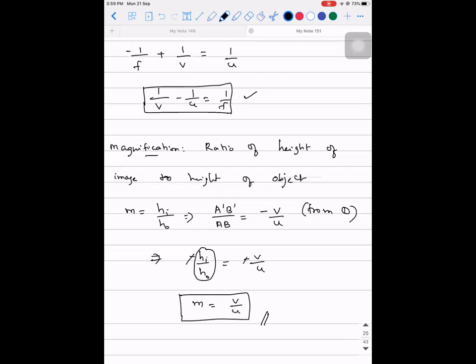Sir, can you repeat again, sir? Which point you want me to repeat? The last minus HI like this. Yeah, see, A dash B dash is minus HI.